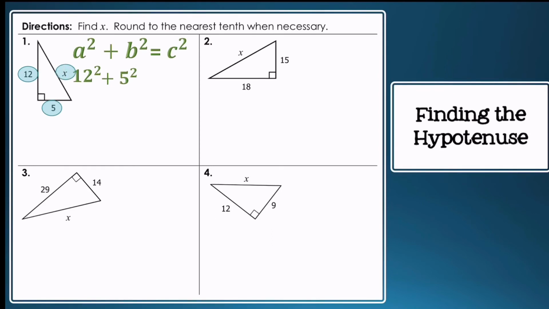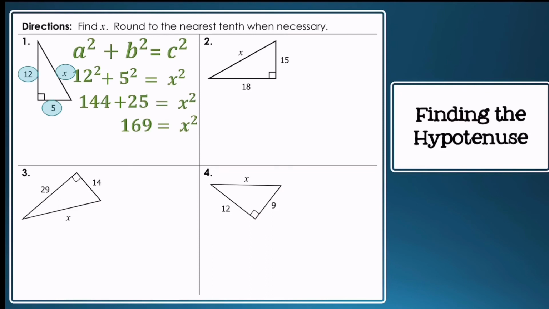That's what I'm looking for. That's my C. So I'm going to write equals x squared. I go through and do the math. 12 squared is 144. 5 squared is 25. And x squared I can't do yet. So 144 plus 25 is 169. Bring down your equals x squared.